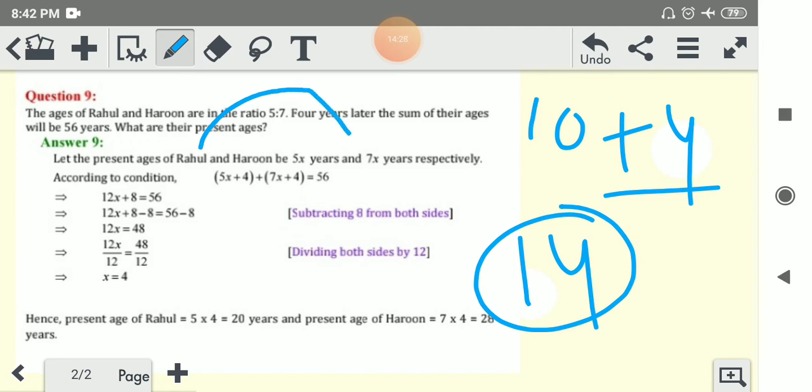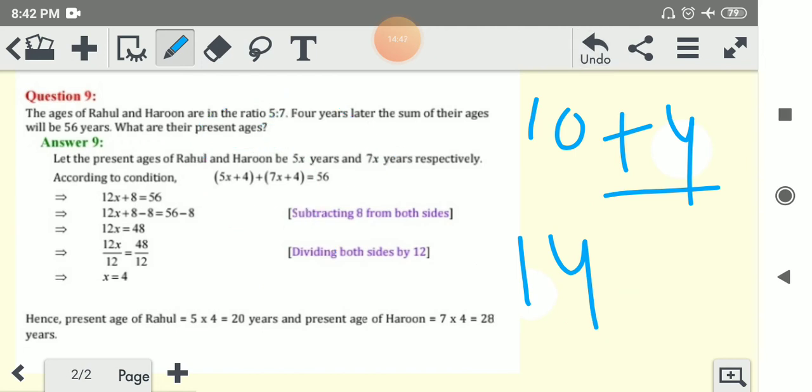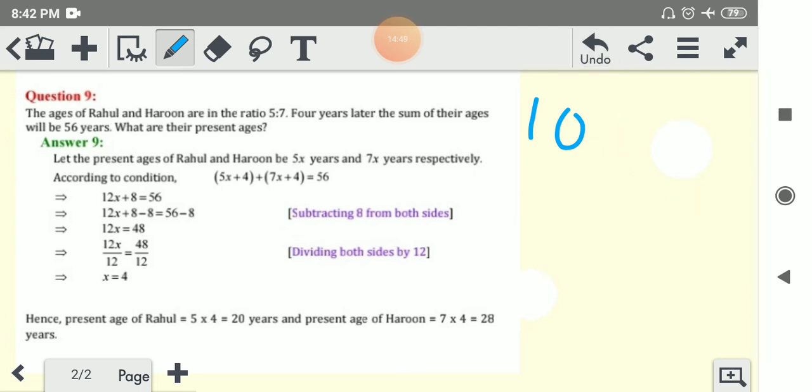Let the age of Rahul be 5x, so after 4 years he becomes 5x plus 4, and Harun is 7x, so he becomes 7x plus 4. According to the question, the sum of their ages is 56. Now solve for x, so we get the value of x is equal to 4.